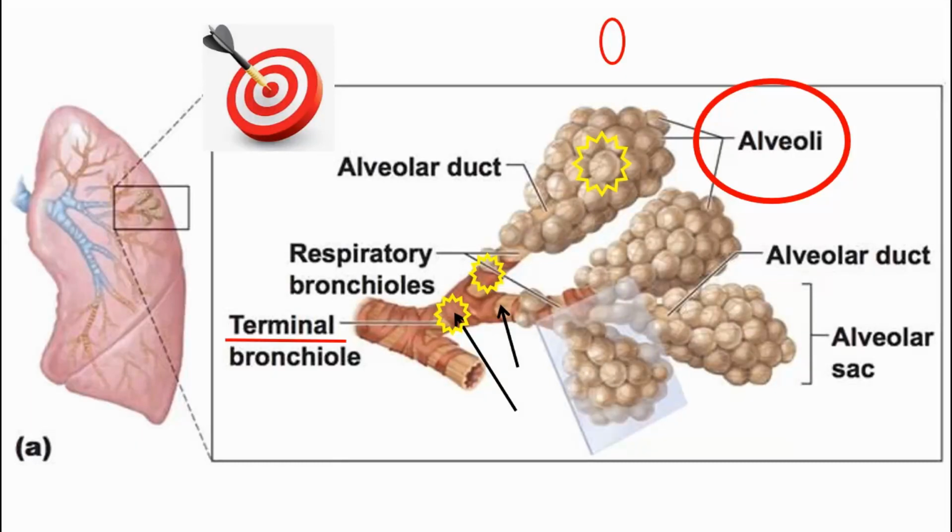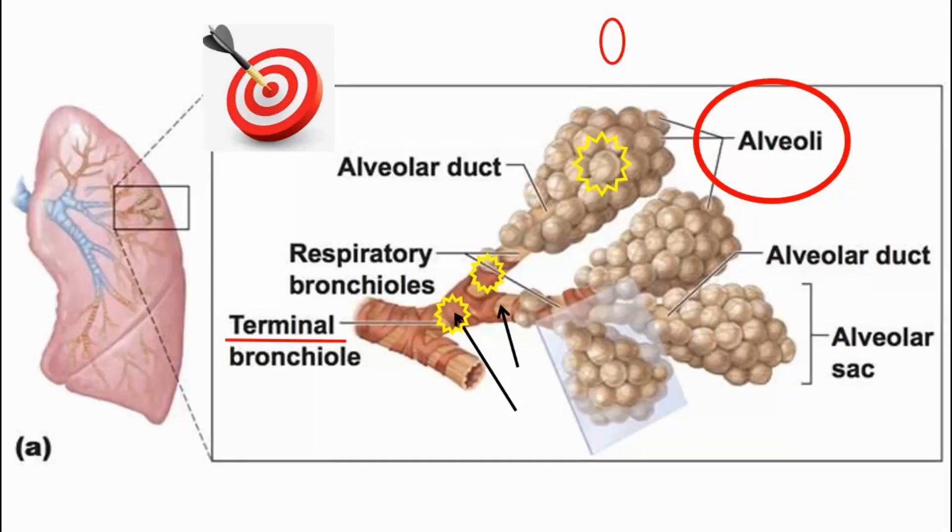At the beginning they are called bronchus, and then primary bronchus, secondary bronchus, then bronchioles, and we have so many divisions of bronchioles, and the last bronchiole is called the terminal bronchiole.